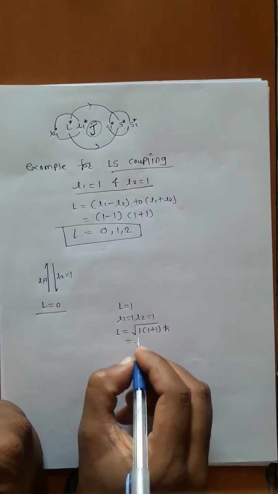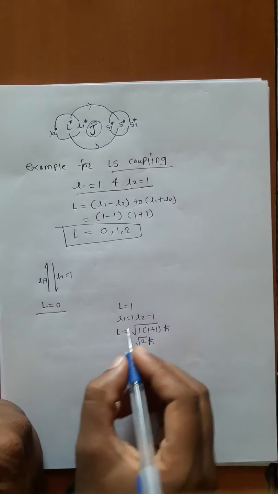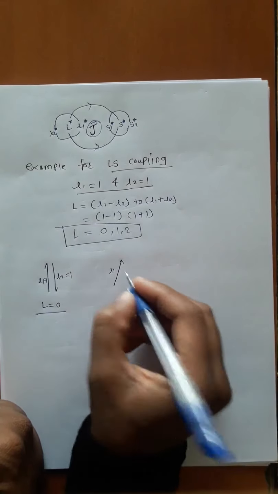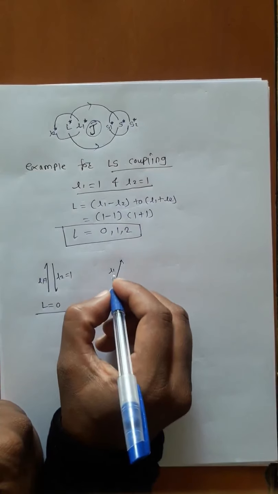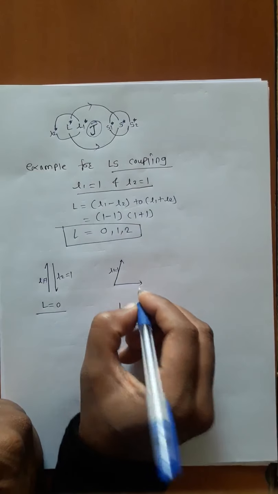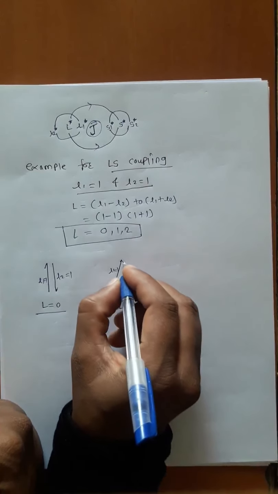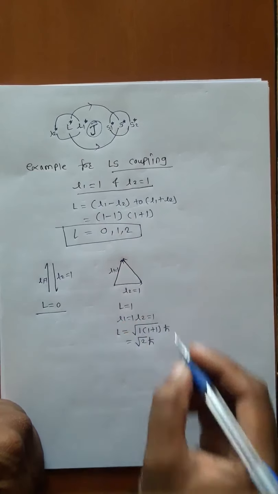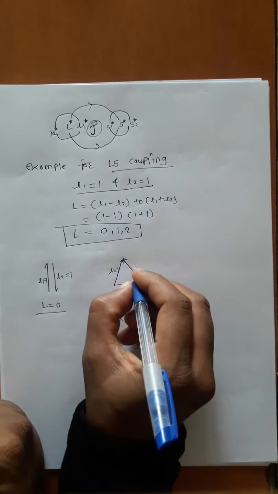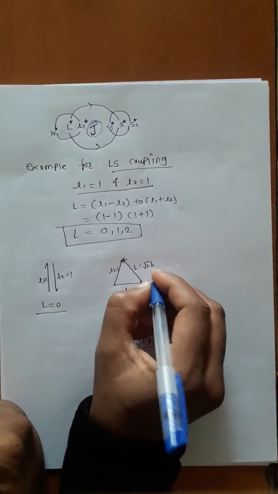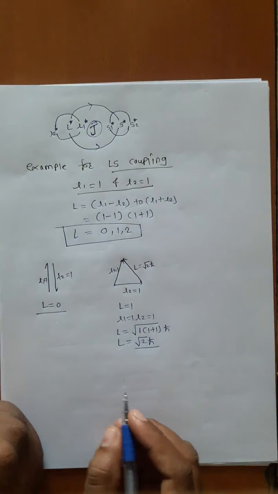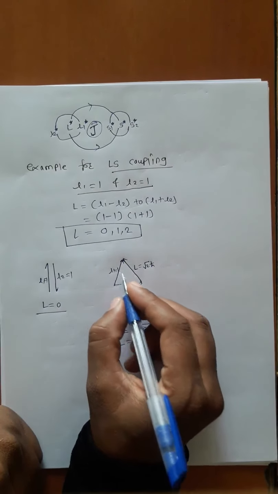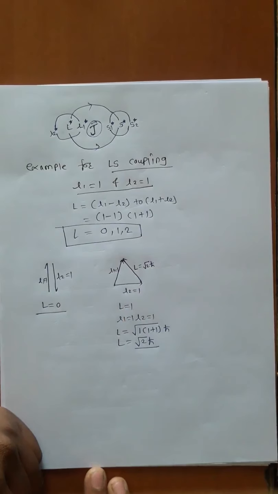This gives root 2 H cross. That will be written diagrammatically as this L1 vector like this, L1 equal to 1, and this L2 equal to 1, and then we get the resultant of L1 and L2 as root 2 H cross.